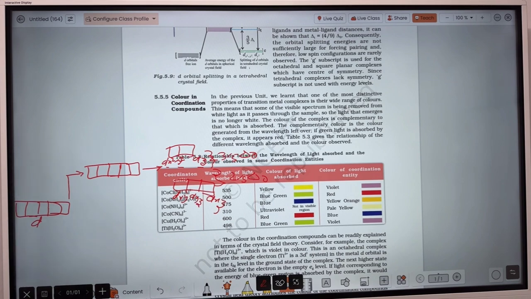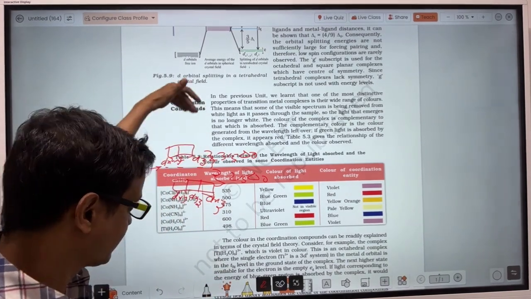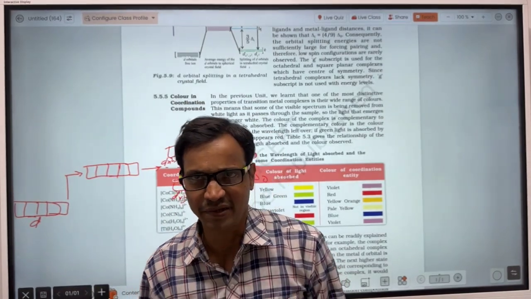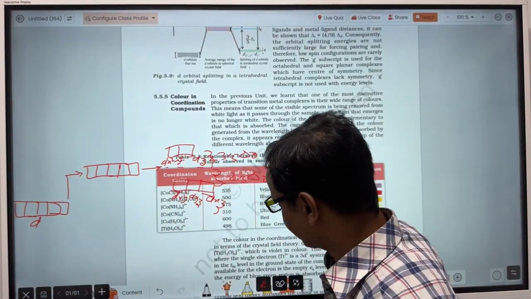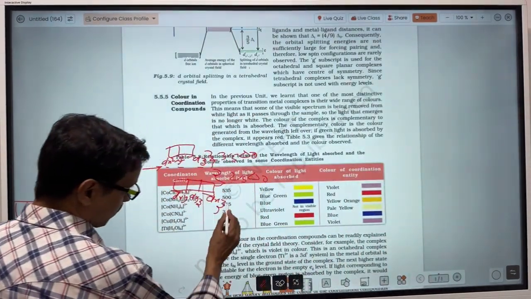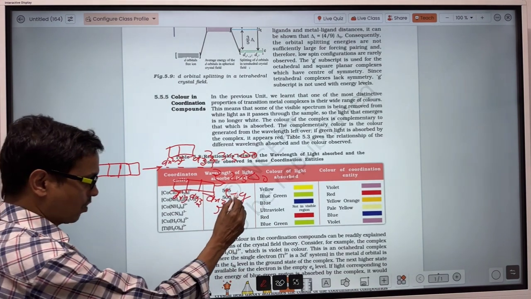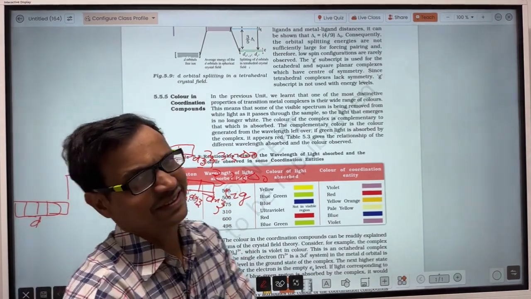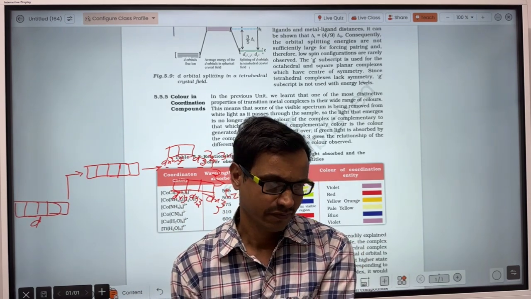Okay, so when light energy falls on the coordination compound, then the electron present in the T2g energy level, in the case of an octahedral complex, that means the octahedral complex shows color.